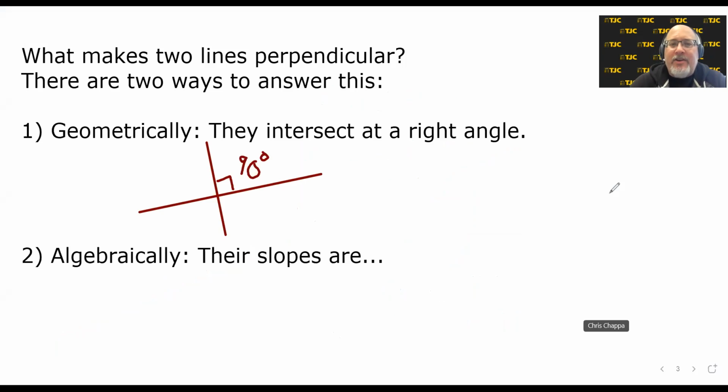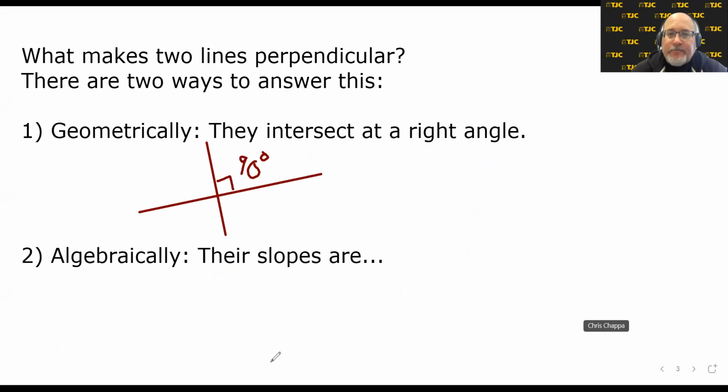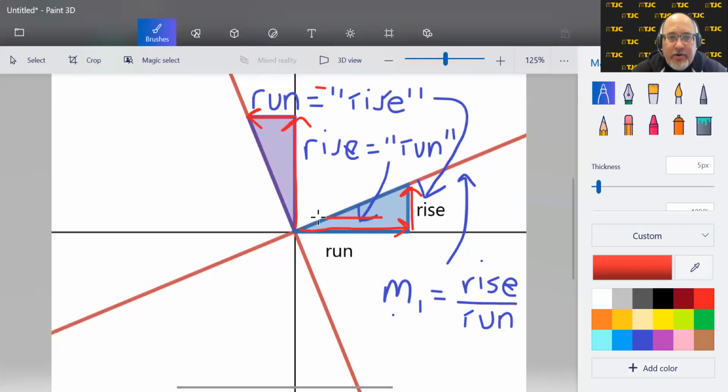Well, algebraically, here's what happens when you find two lines that are perpendicular. Number one, the rise and the run trade places, meaning that the slope gets reciprocated. And number two, one of them switches from a positive direction to a negative direction. In this case, the run here stayed in a positive direction.